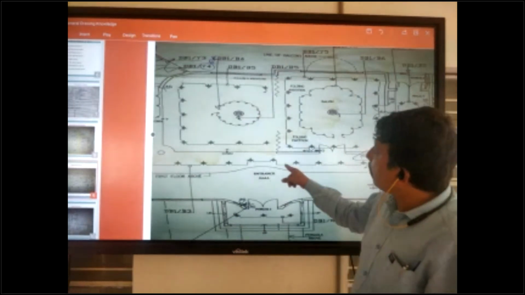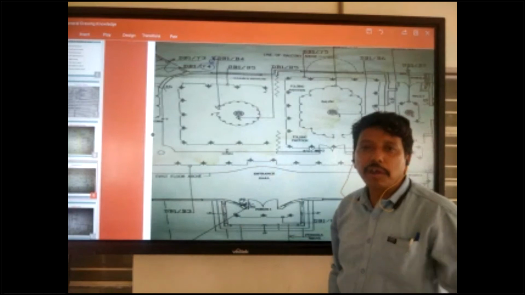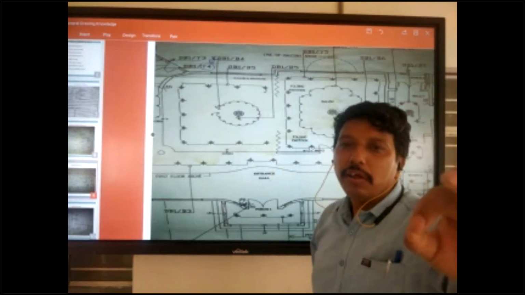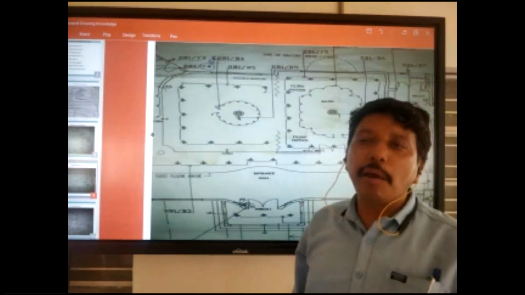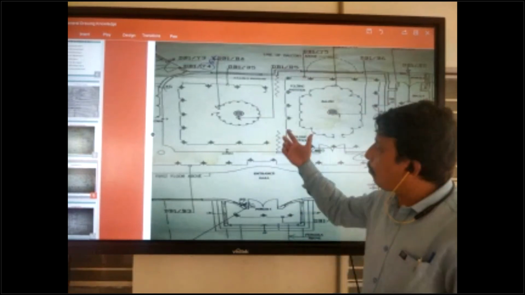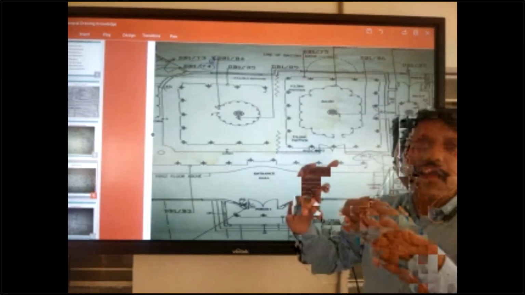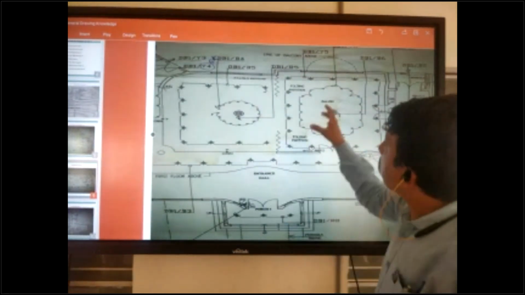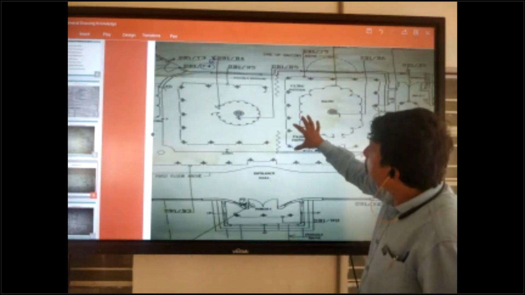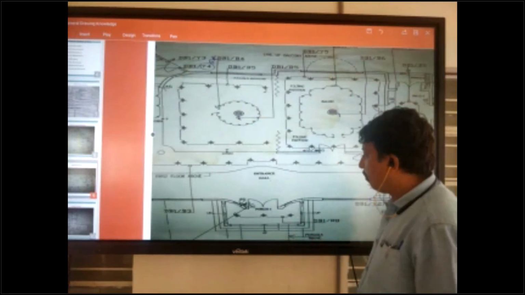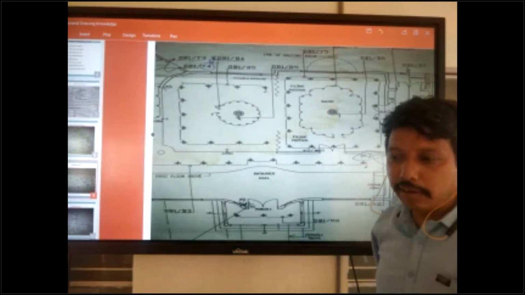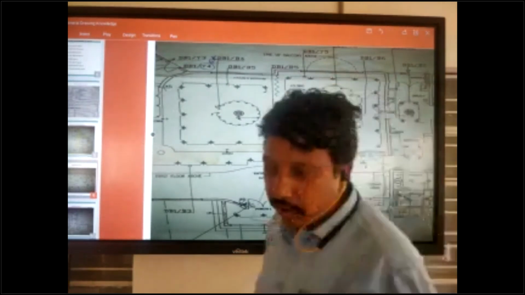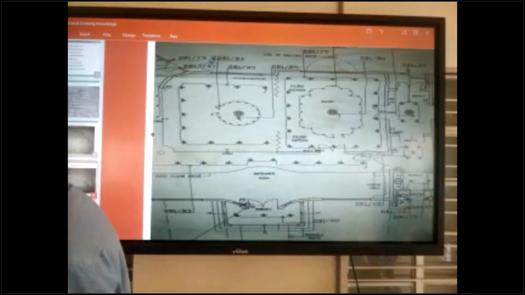If you measure 1 mm on the drawing sheet, in the field it is 100 mm. So all this comes in the drawing. You can check and do it. This is the lighting layout drawing. Okay, is the lighting layout clear? Wiring is also in our syllabus; at that time I will explain more.